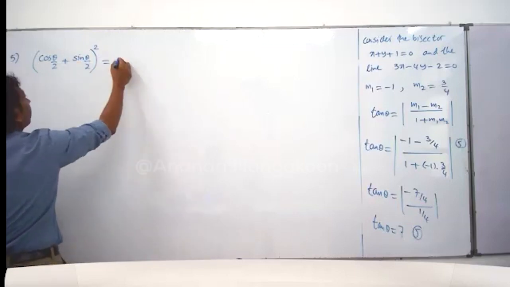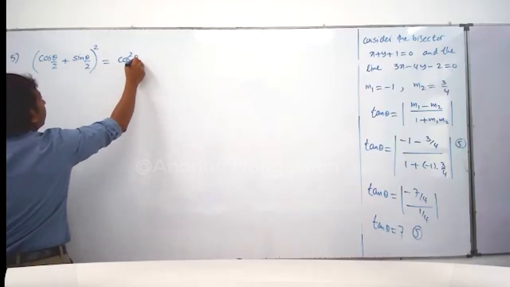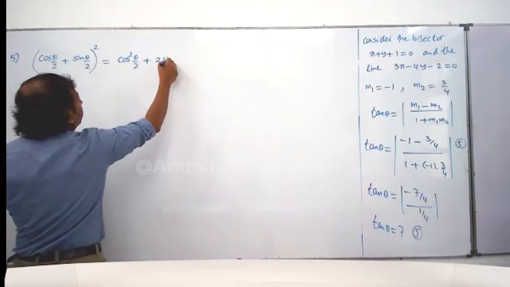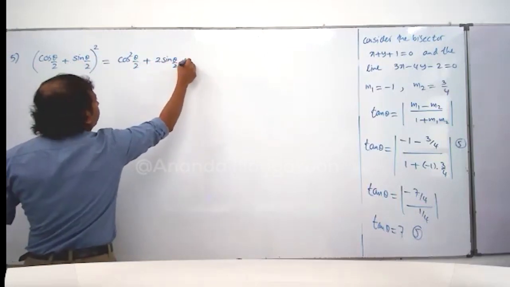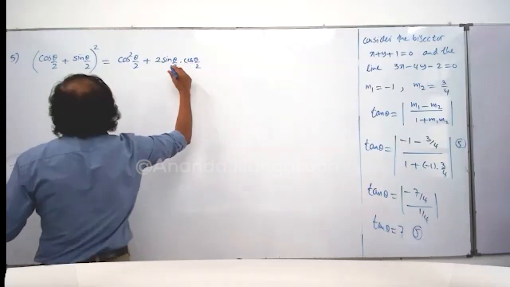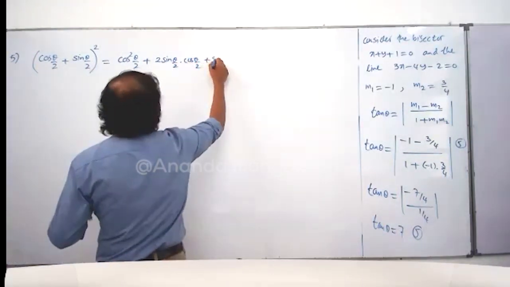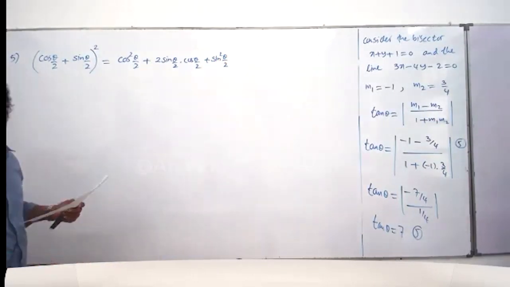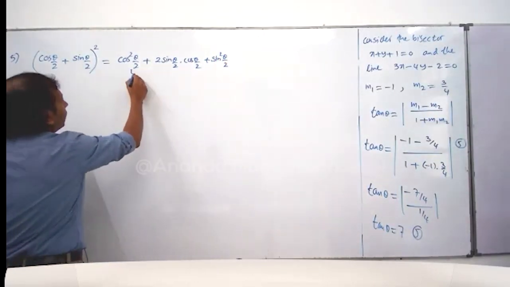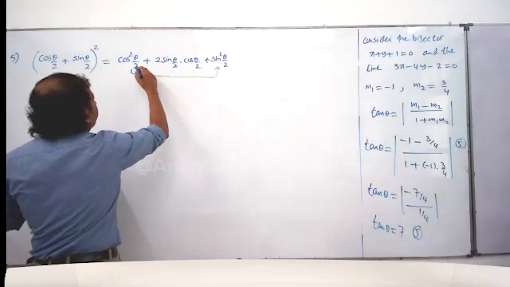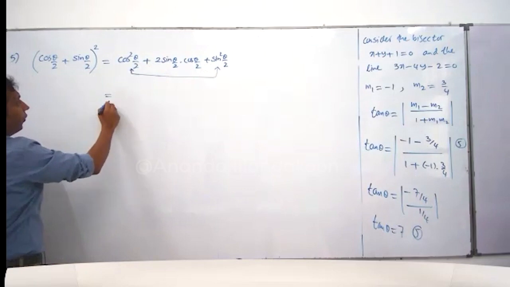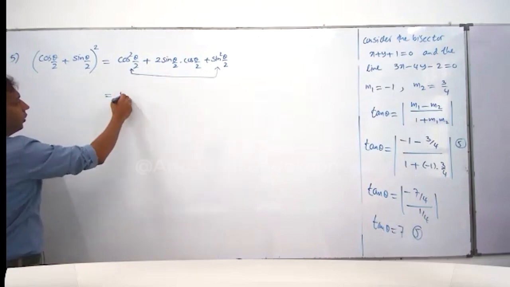Right now, we know the square is cos square theta by 2. What about the middle term? 2 sin theta by 2 into cos theta by 2. And the next one is sin square theta by 2. When I take these two together, sin squared and cos squared, sin square theta by 2 plus cos square theta by 2 is 1.